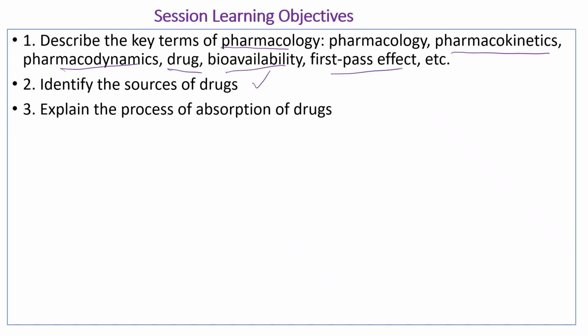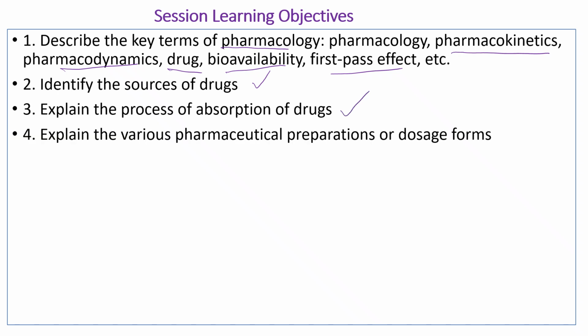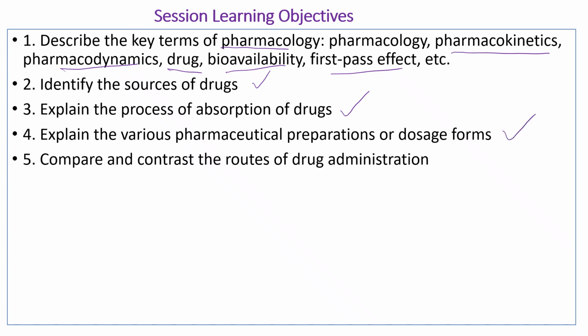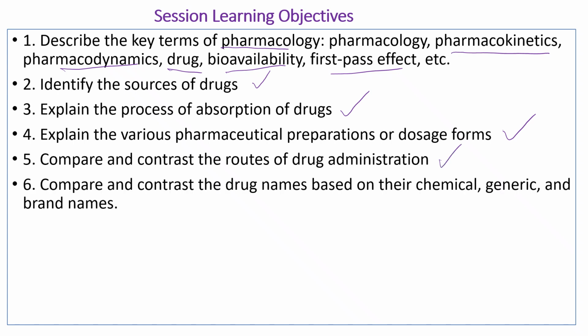Explain the process of absorption of drugs. Explain the various pharmaceutical preparations or dosage forms. Compare and contrast the routes of drug administration. And compare and contrast the drug names, based on their chemical, generic, and brand names. Okay, so these objectives we are going to cover in two parts.